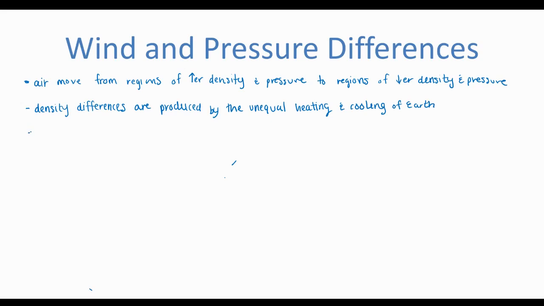What we see in the atmosphere is that pressure increases as density increases. So you have more particles in an air mass, it's going to have a higher pressure, basically.